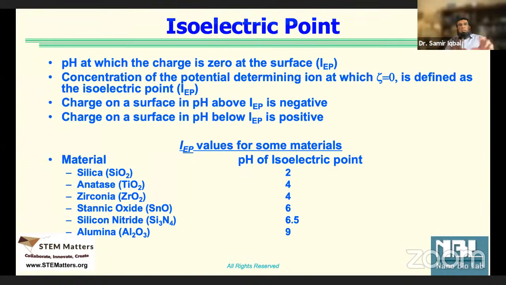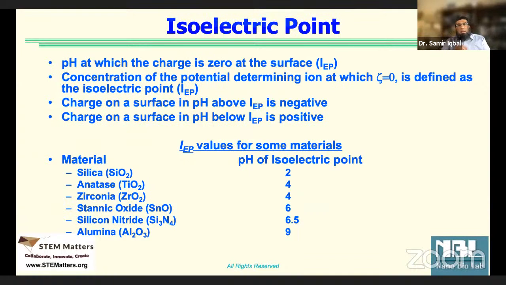So we know pH. On one extreme, we have hydrogen ions. On the other extreme, we have hydroxyl ions, right? Positive ions and negative ions. So moving on the pH scale would result in an excess of negative charge or an excess of positive charge, hence neutralizing the effect of the surface. And that's a whole range for different materials.